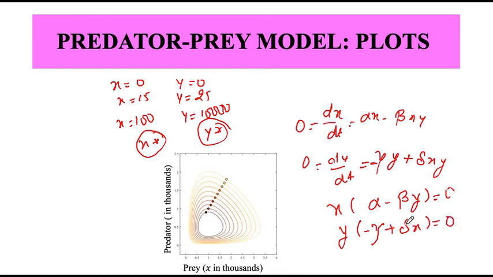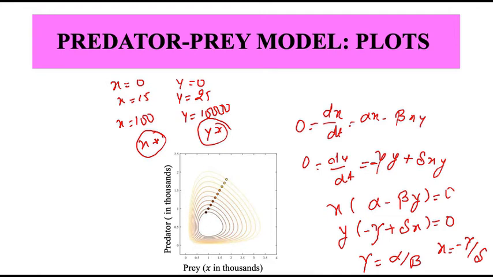We are not interested in the solution x equals 0 or y equals 0, therefore the solution would be y equals alpha by beta, and x equals gamma by delta.